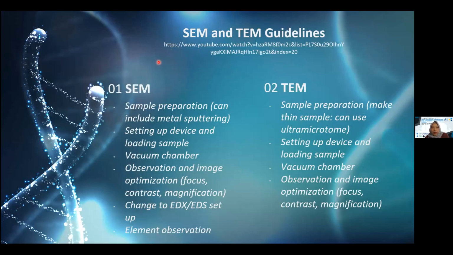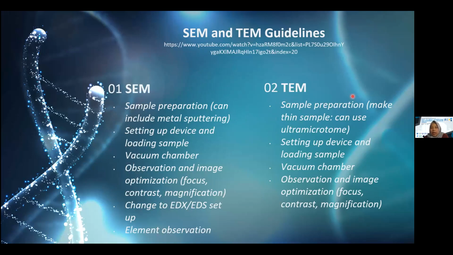So yesterday we were also given the guidelines. We were shown a video on how to prepare and use the SEM and TEM, first doing the sample preparation for SEM. We can also do metal sputtering for a sample which is not conductive.